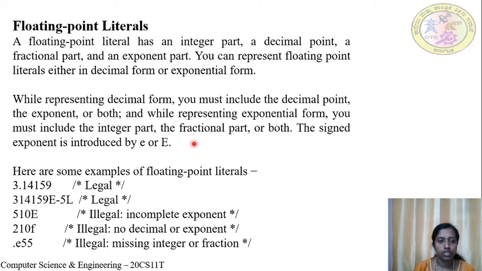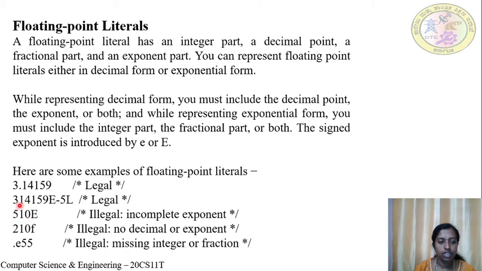The signed exponent is introduced by small e or capital E. Here are some examples of floating point literals. 3.14159: 3 is the integer part, separated by a decimal point from the fractional part, so it is legal.